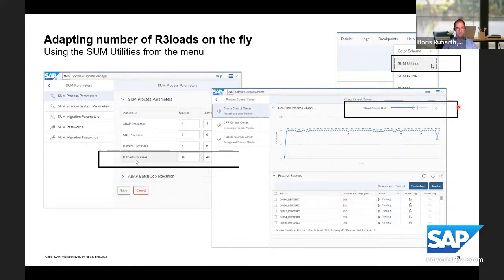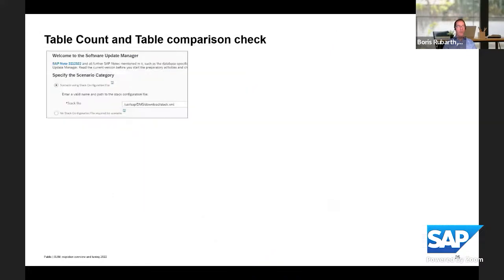That's the adaptation. The next slide is now on the question of checking data. That is the topic table count and table comparison check. We have already seen the first dialog where you specify the stack XML. Then we have the second dialog where you decide to have a migration scenario.